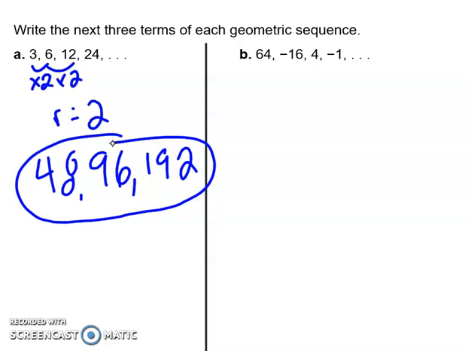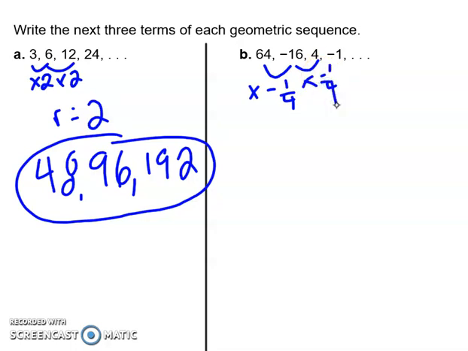Now B's a little bit trickier. I'm seeing that my numbers are decreasing here. So I'm multiplying by a fraction, or I'm dividing. So I'm going from 64 to -16. So I'm multiplying by -1/4, or I'm dividing by -4. And we can see that that pattern continues because from -16 to 4, well, 4 is positive now, so I have to be going by a -1/4.